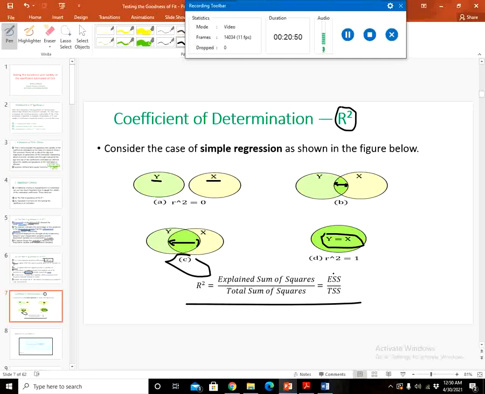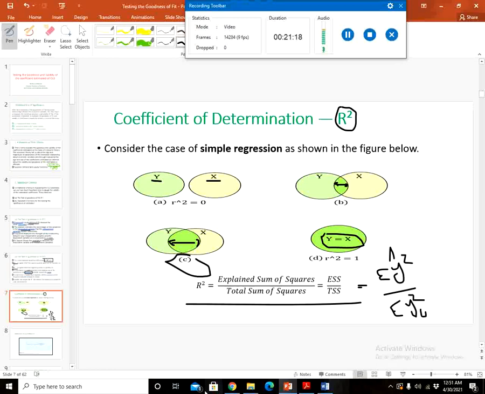The explained sum of squares is shown by summation y cap squared, divided by the total sum of squares, shown by summation y i squared.